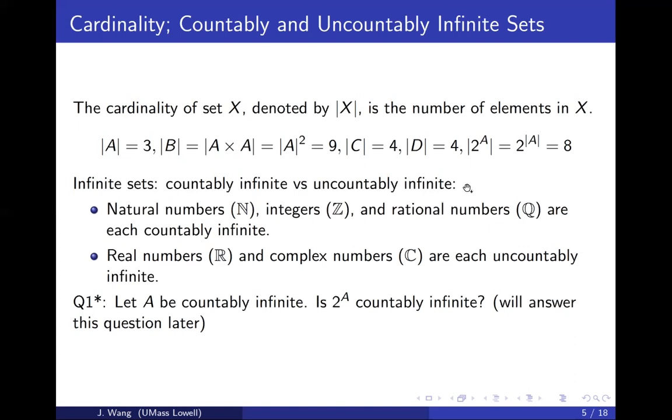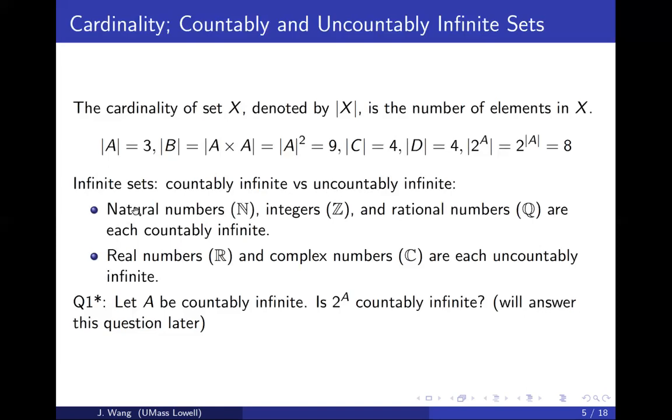Okay, so that's straightforward. And then we are going to look at infinite sets. For infinite sets, we have countably infinite and uncountably infinite sets. So something that's infinite could either be countably infinite or uncountably infinite.